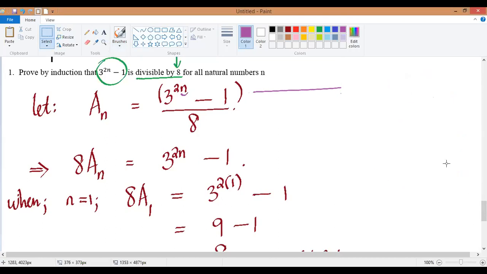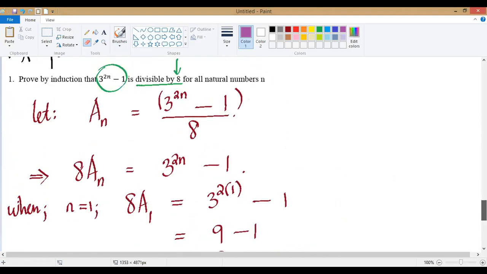But we are just checking that that constant will be true for all values of n. It will be an integer. What makes it an integer? Only and only when this expression 3 to power 2n minus 1 is divisible by 8.